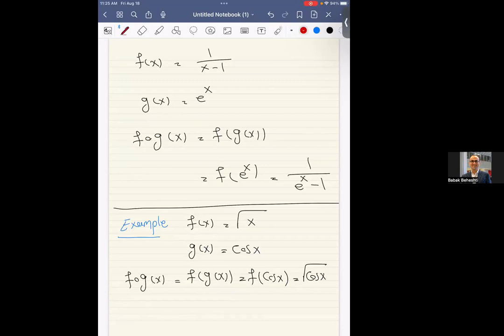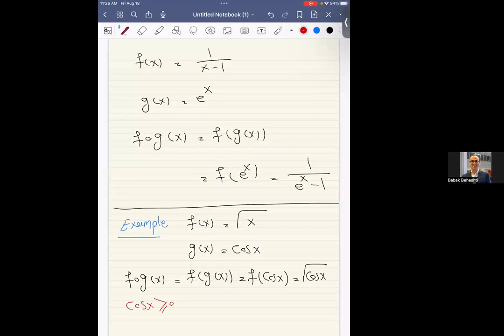So the only restriction that we have here is cosine must be greater than or equal to 0. Now, can you tell me on what intervals cosine is greater than 0?